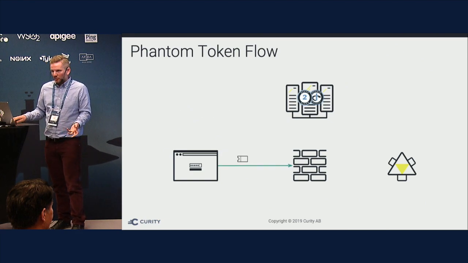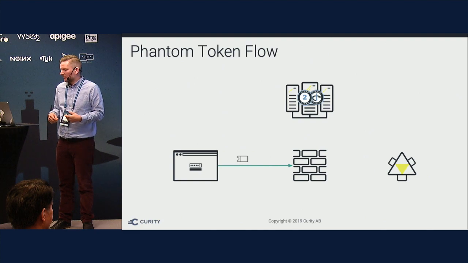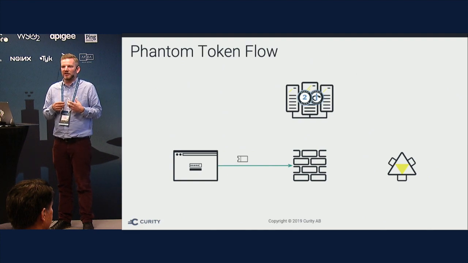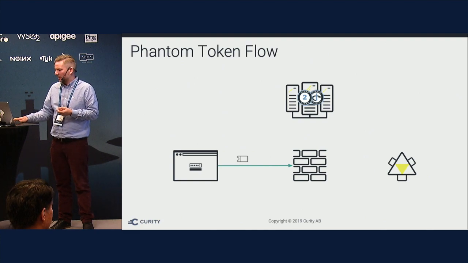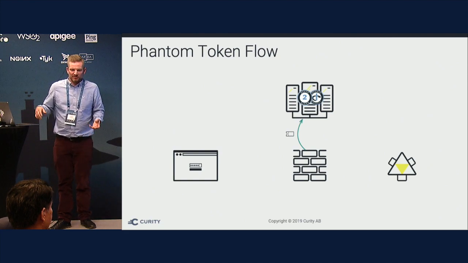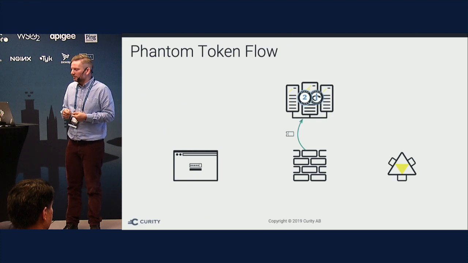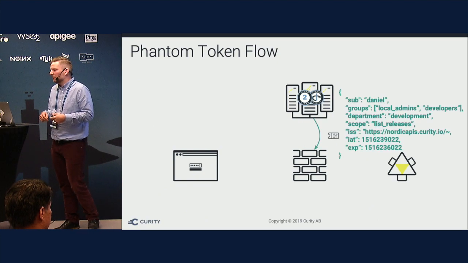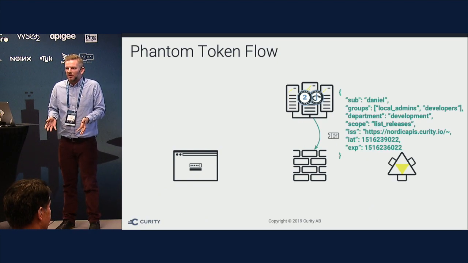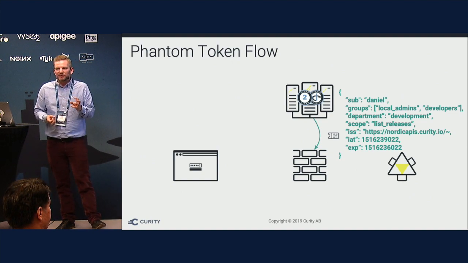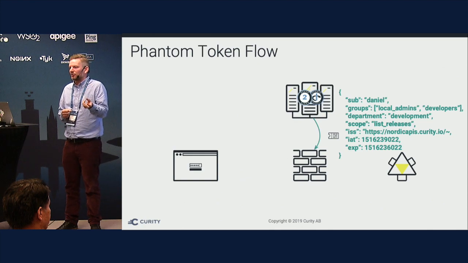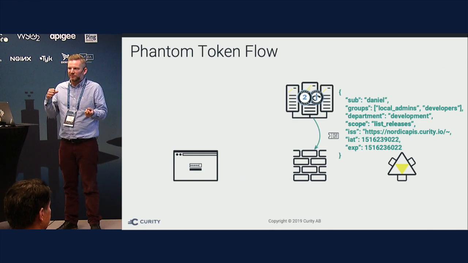And when this token is used to call the API, the reverse proxy can intercept this call and do the validation for us. So it sends it to the OAuth server and asks, is this token valid? And if it is, it returns the data. But in this case, it's just not the data about the token. It returns a new token or the same token in different format.